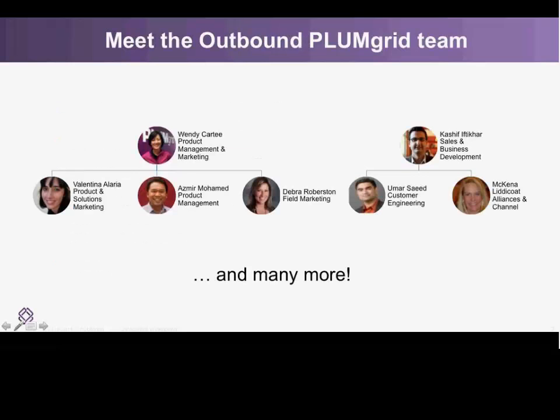So before we get started, I wanted to start from the team, and I wanted to capture it here so you all have a reference of who does what. There are two main teams that are interacting with our channel partners. Wendy's team, which is responsible for everything product management and marketing, and Kash's team, which is responsible for everything sales and business development.